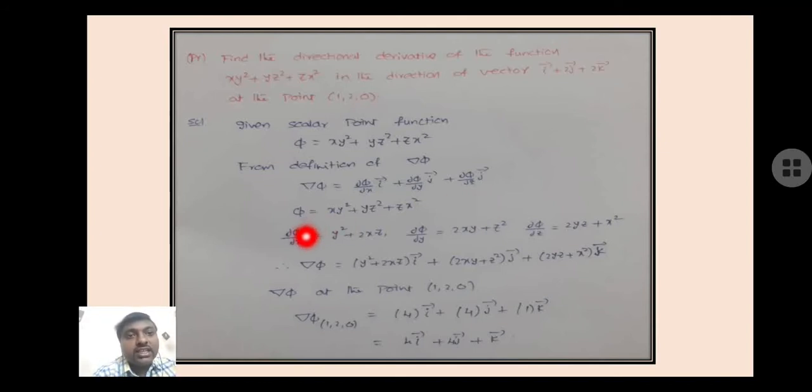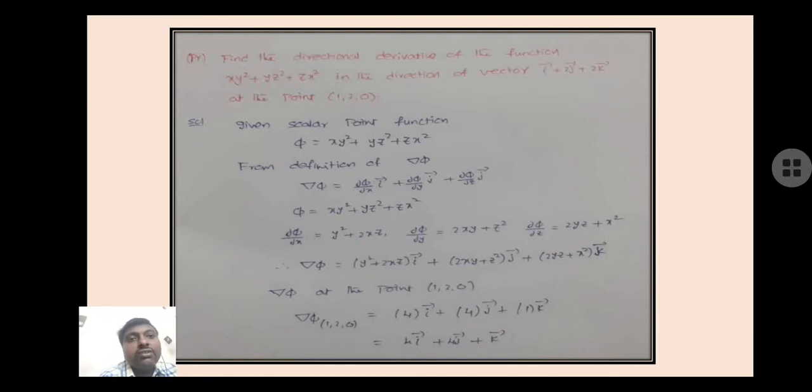Now I once again take the scalar point function phi equal to xy square plus yz square plus zx square. For this, I calculate the partial derivatives with respect to x, y and z. First, dou phi by dou x is equal to y square plus 2xz.